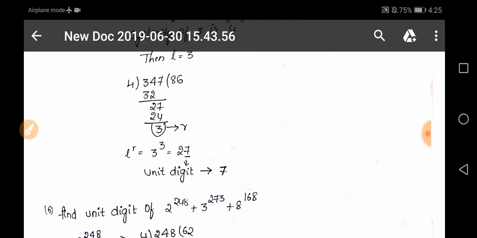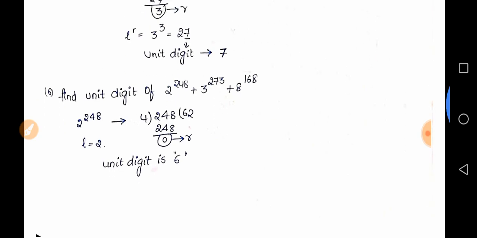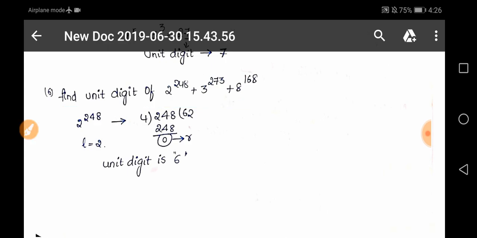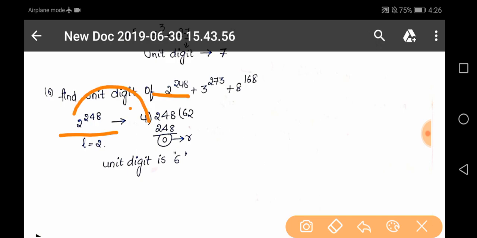Let's go deeper, with multiplication, division and addition problems. Find the unit digit of 2 power 248 plus 3 power 273 plus 8 power 168. We will solve each one separately. First, 2 power 248. The cyclicity of 2 is 4.